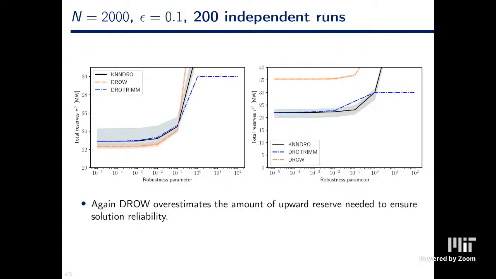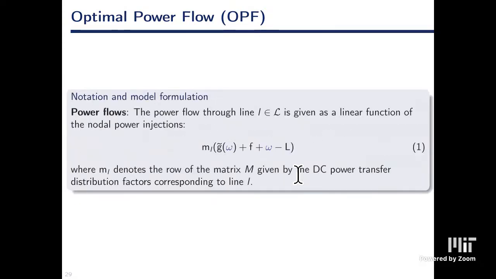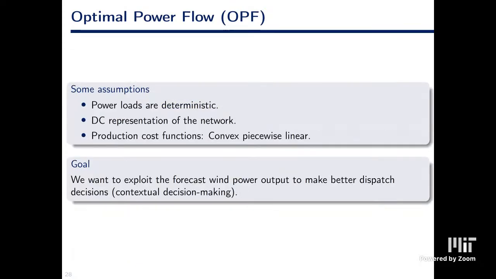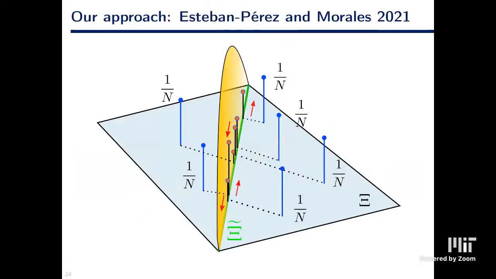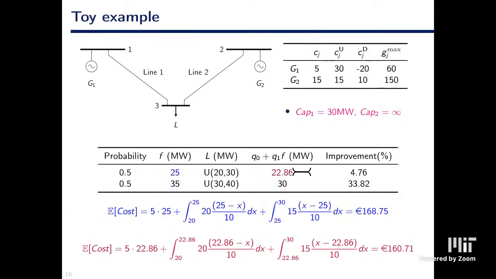My question was that when you define the L-hat functions, you approximate L-hat with linear regression functions with the two coefficients Q0 and Q1. As you said, L is the real-time load profile, and F is a forecasted load.